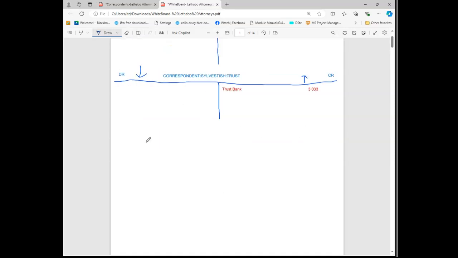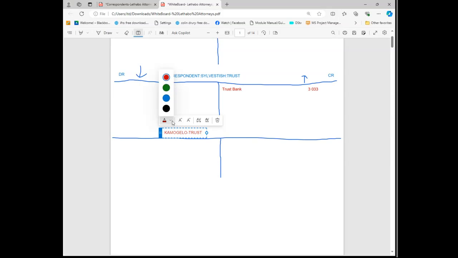Yes, we still have to have another account for the client, the real client. We've got the real client here, who is Kamohelo. So I still have to open Kamohelo trust.